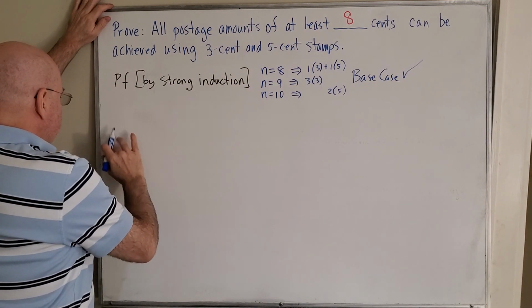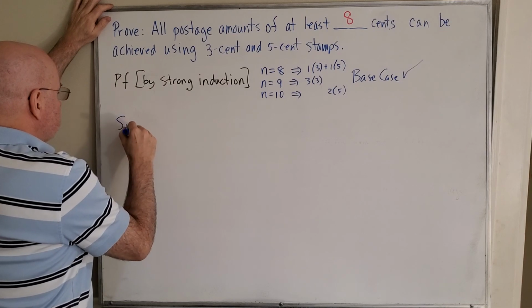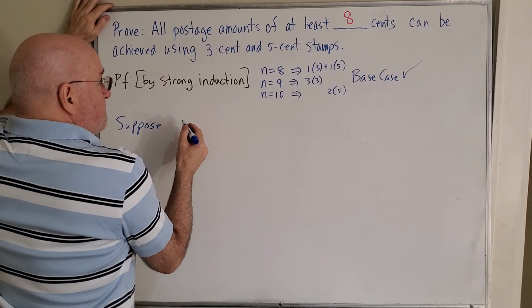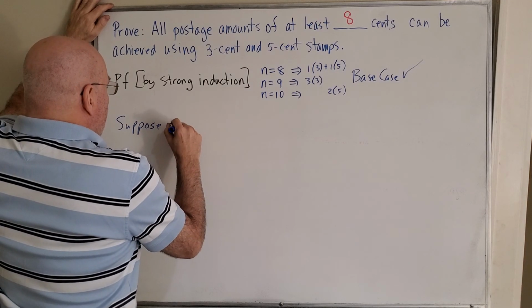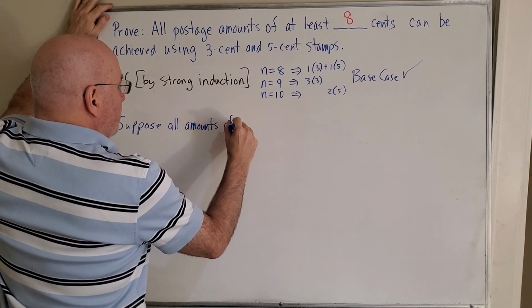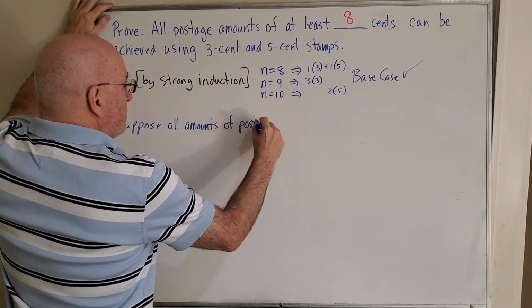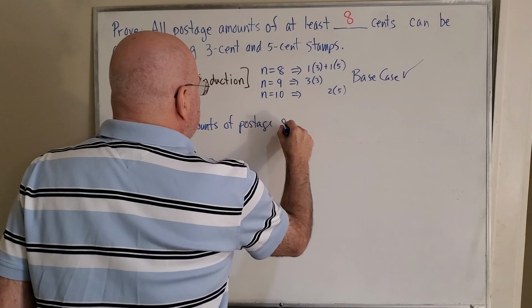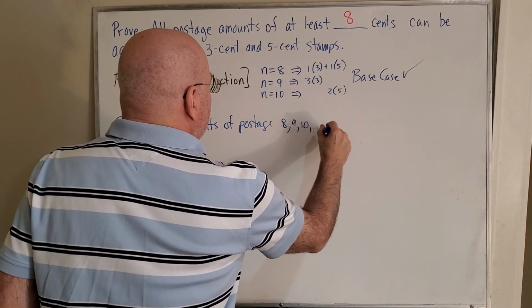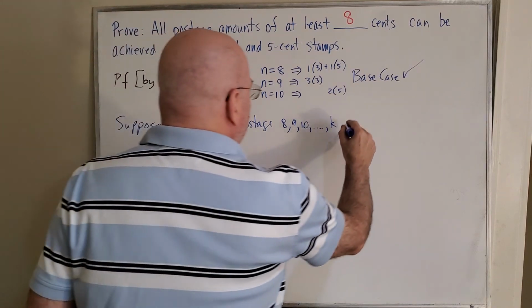Now the induction hypothesis. Suppose all amounts of postage, 8, 9, 10, all the way up to K, can be formed.